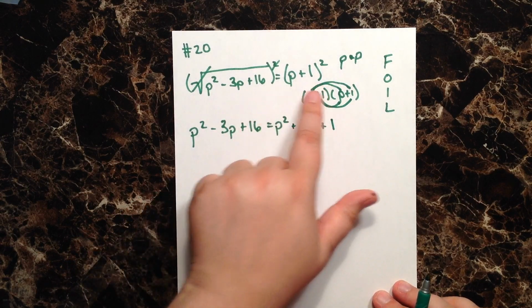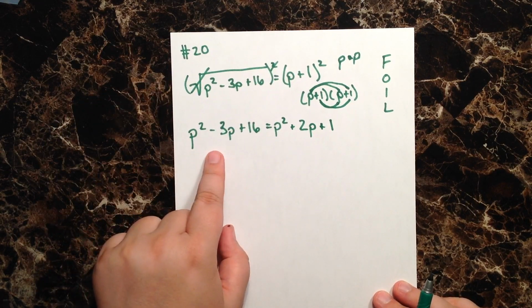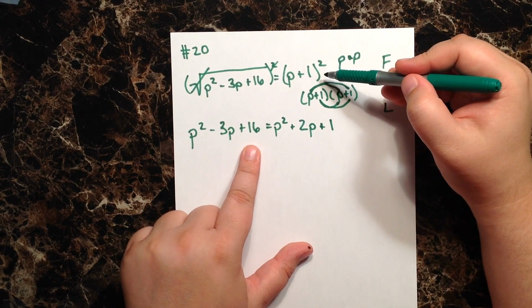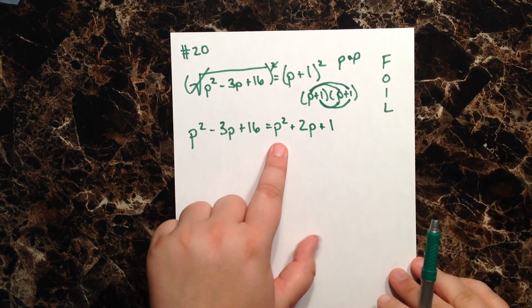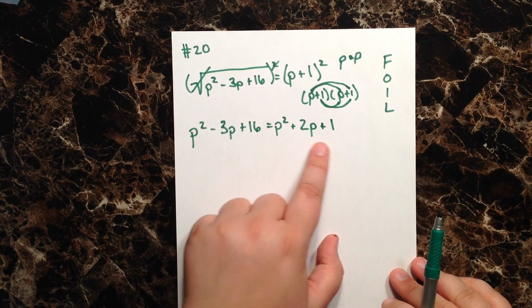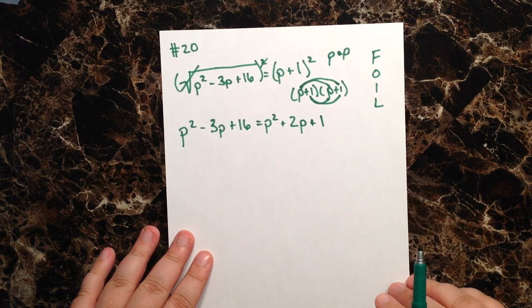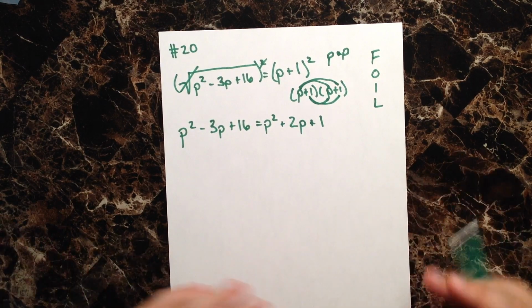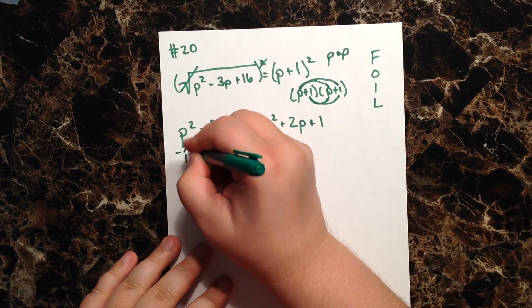So when I square both sides of my equation, on my left, I get rid of my radical, and I just have p squared minus 3p plus 16. And on the right, I'm foiling out my binomial, and I get p squared plus 2p plus 1. If I'm solving for p, then I want to start getting p to one side and everything else to the other. So let's subtract p squared from both sides.